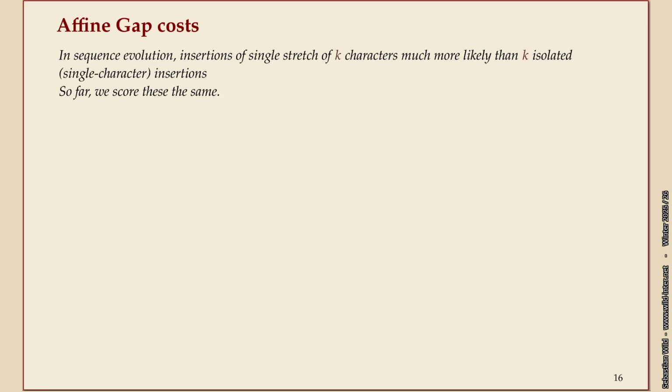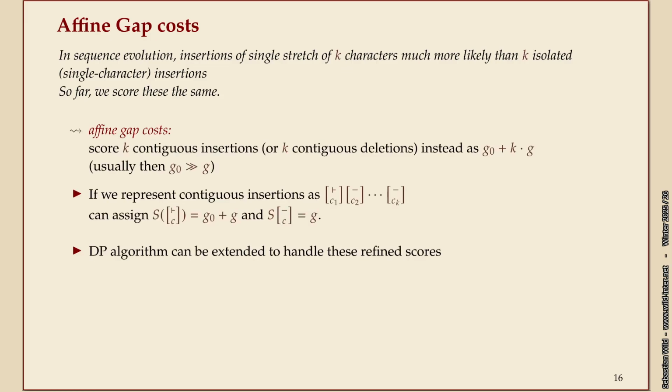So in a way, if you're already cracking the thing open and inserting something, having a few extra insertions doesn't increase the cost in the same amount as having this first opening. So at the moment, we're treating a stretch of k consecutive insertions the same as isolated single character insertions scattered through the string. And that's biologically not accurate.